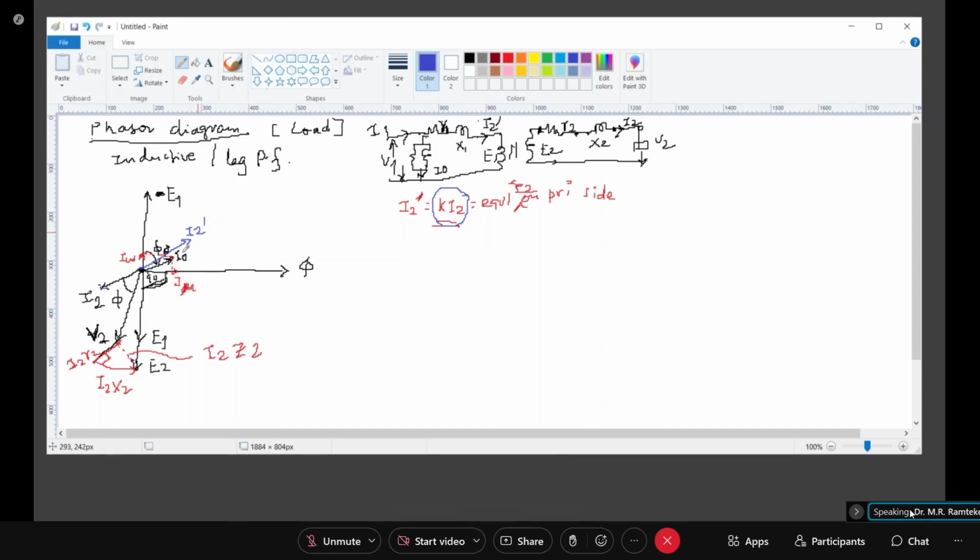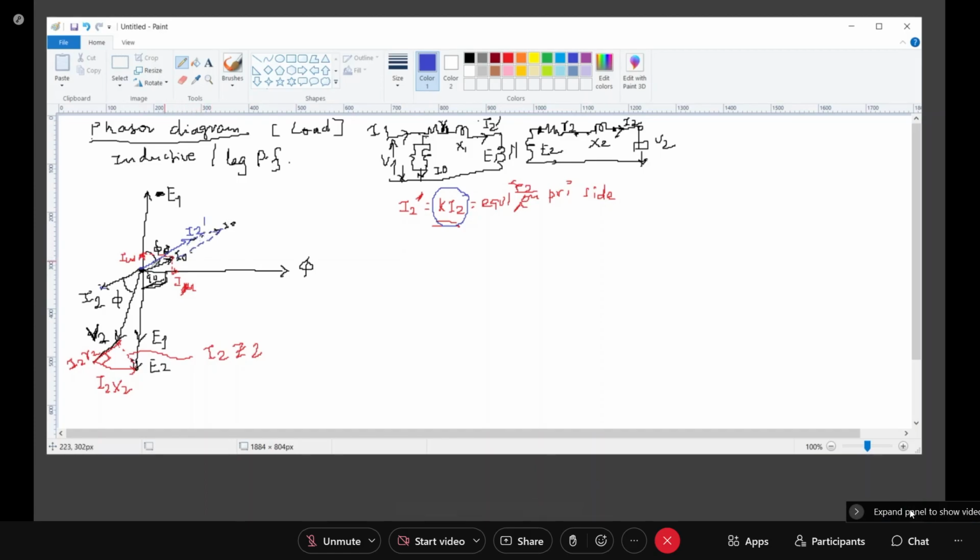Now I2 dash and I0 will give me I1. So I'll be adding this I0 like this.